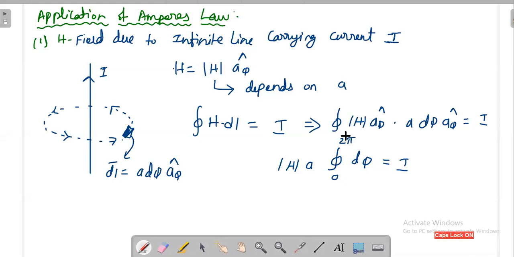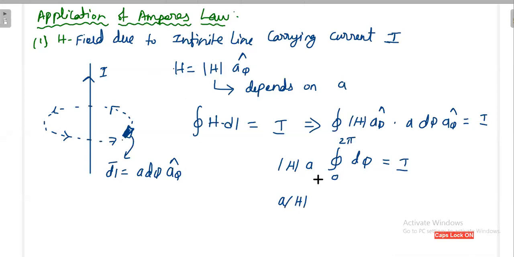So a into mod H into 2 pi is equal to I. After the mathematical arrangement, mod H is equal to I divided by 2 pi a.